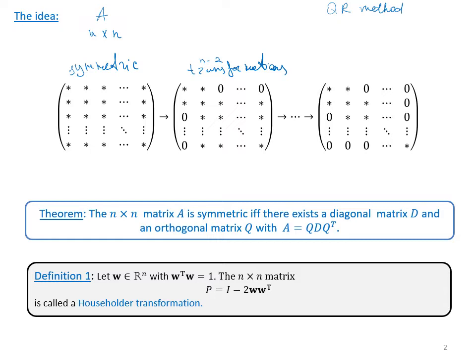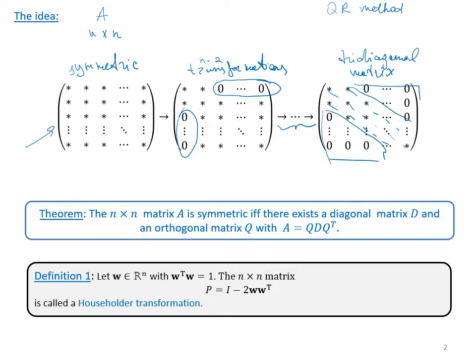And as a result of this method, we will get a tridiagonal matrix. What does it mean? First you deal with a symmetric matrix. After the first step, you will get zeros in the first column and row. Then, after the sequence of householder transformations, you will get a matrix that contains non-zero entries on three diagonals, and the rest of the entries will be zero.